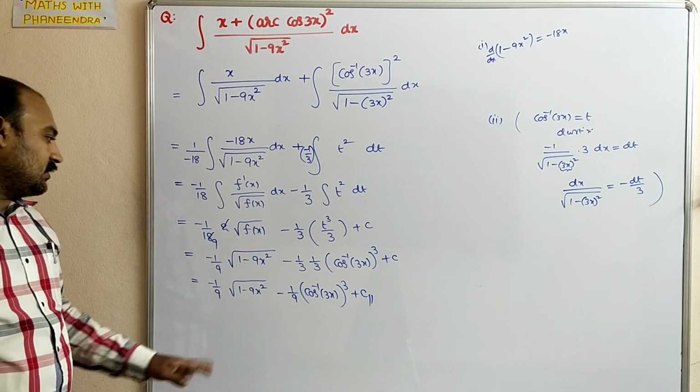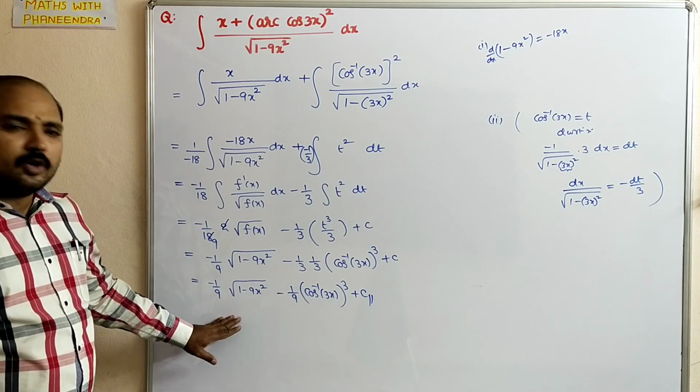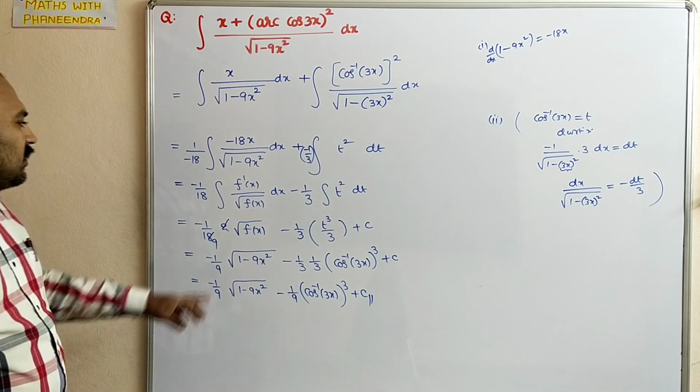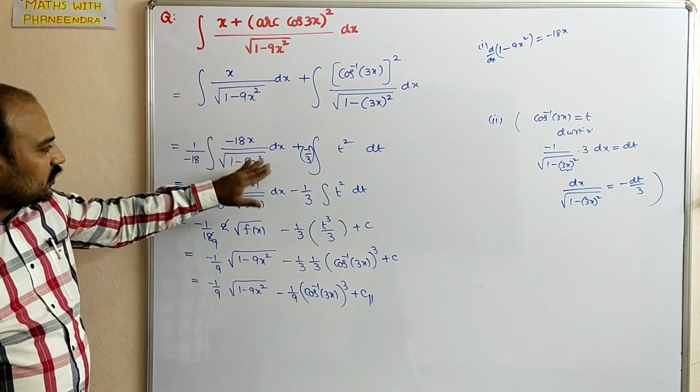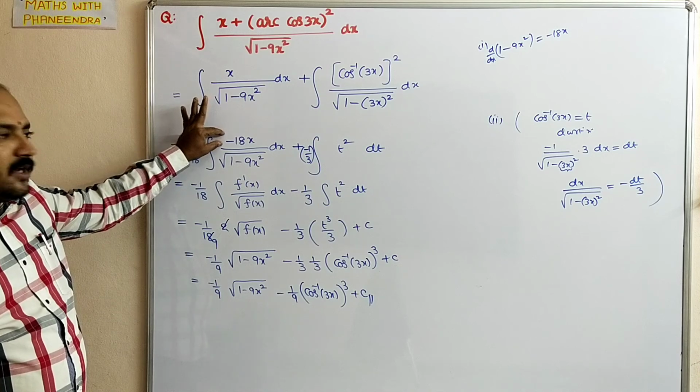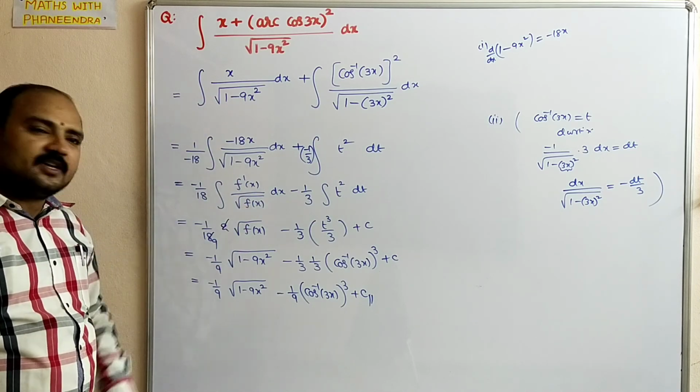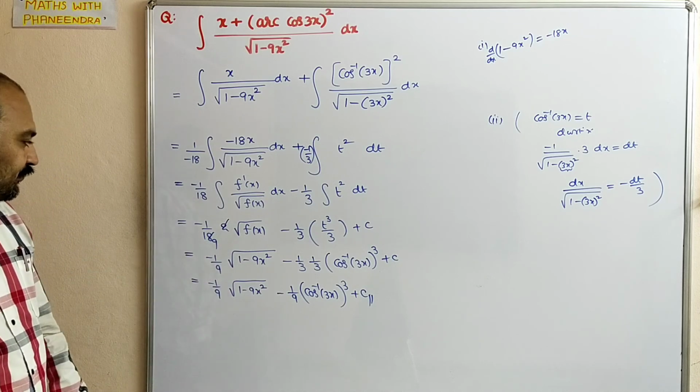So this is the required answer. If you want to take minus 1 by 9 common, you can take and get that. Here f of x is 1 minus 9x square, then the derivative will be minus 18x. After that we apply the formula integral f dash of x by root f of x dx, this value.